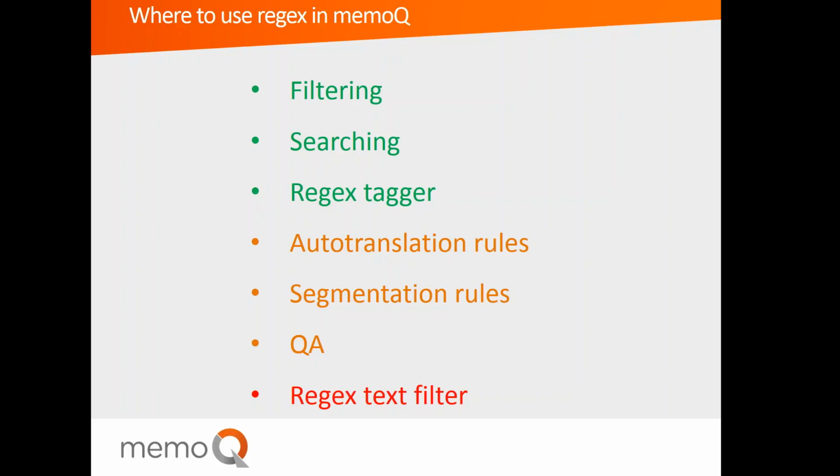Also, regex taggers are used to hide things. Well, it's not going to be hidden, it's going to turn into a red tag, but it hides things that are not translatable, like marks or some kind of punctuation or variable things that will be replaced during runtime, like in software localization.